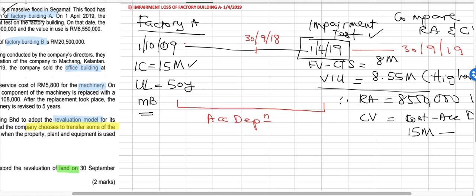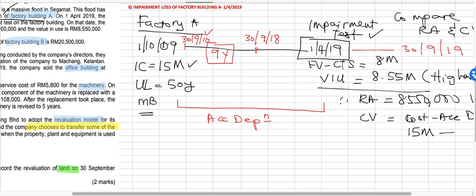So from 1st October 2009 until 30th September 2018, you use your finger and find how many years in this period. From October close in September 2010, you start counting from here: 10, 11, 12, 13, 14, 15, 16, 17, 18. So that is 9 years for this period.